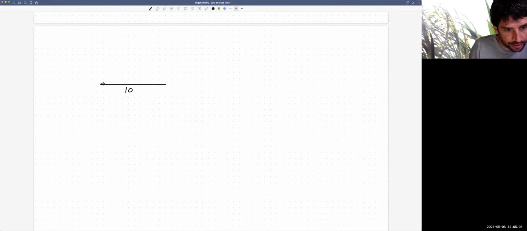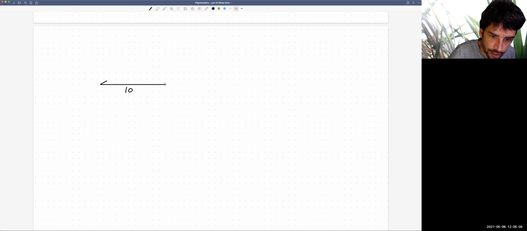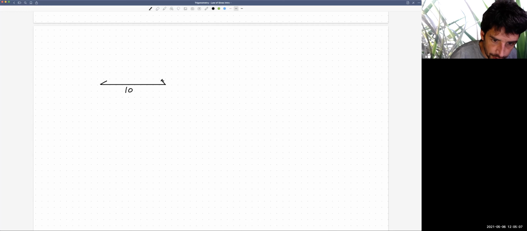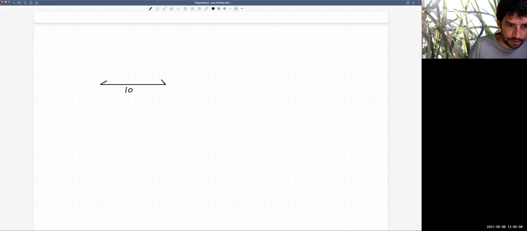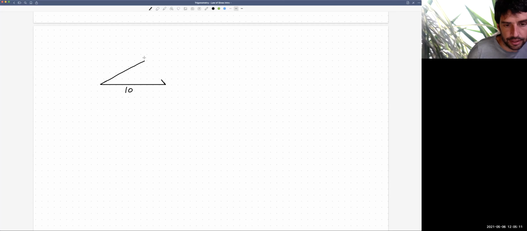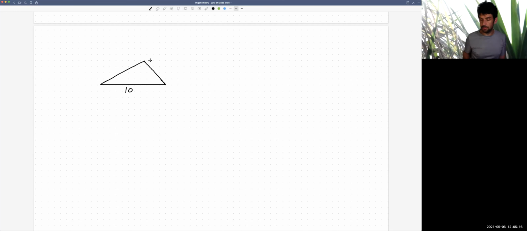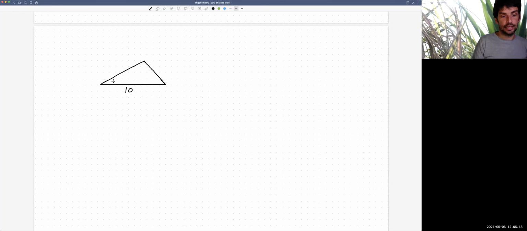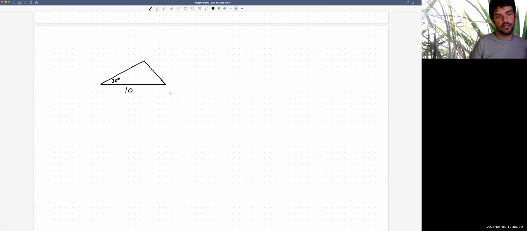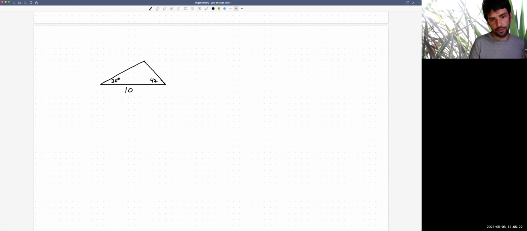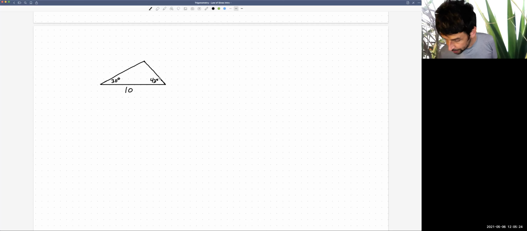We're going to have an angle of 30 and an angle of 43. So it should look something like this. It's probably not going to be perfect. That's 30 degrees, that's 43 degrees, okay?